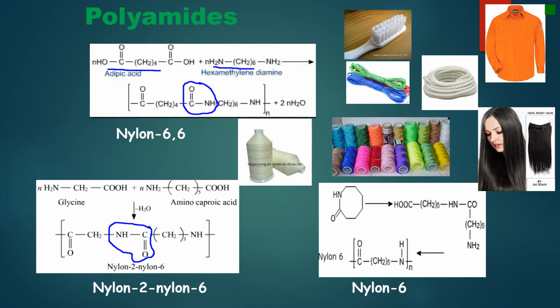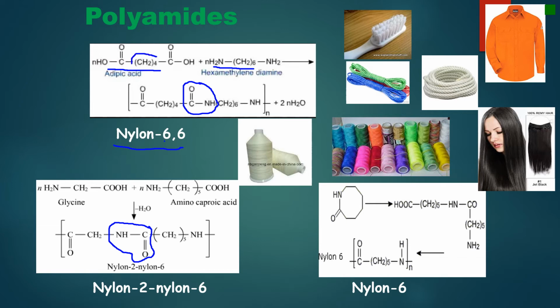The numbers that we have here indicate the number of carbon atoms that make up the monomers. You can see that, for example, in nylon 6,6, the first number 6 means that the dicarboxylic acid has 6 carbons.